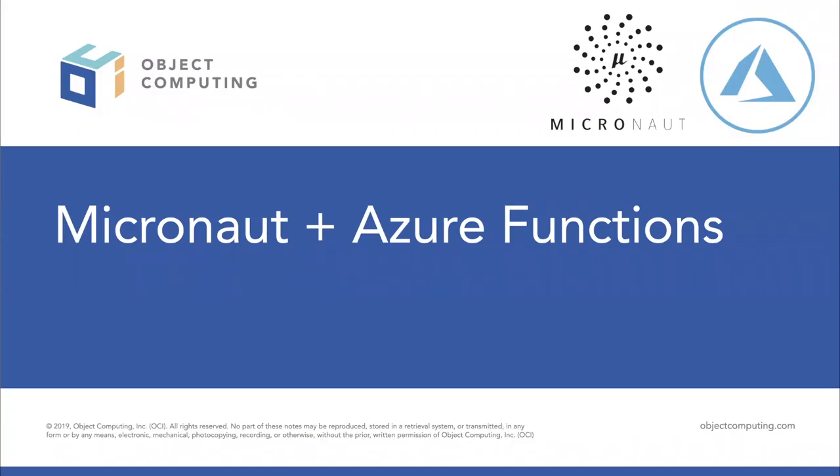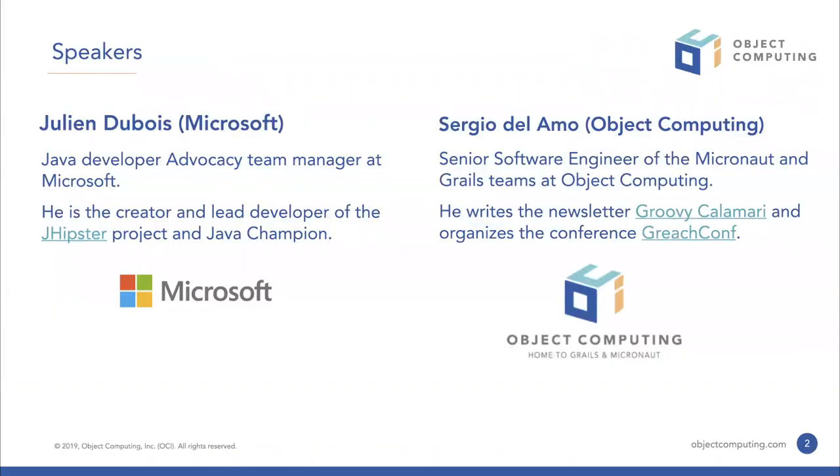We are really excited for our special guest, Microsoft's Julien Dubois here. He is the manager for the Java developer advocacy team at Microsoft, and he's also the creator and lead developer of the JHipster project and a Java champion as well. So thank you, Julien, for joining us today.